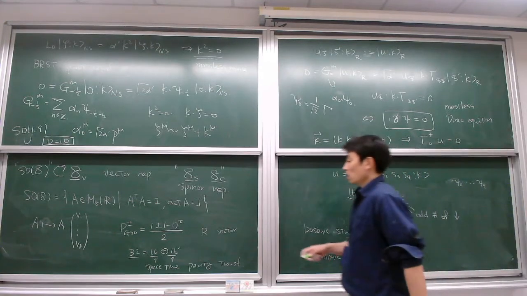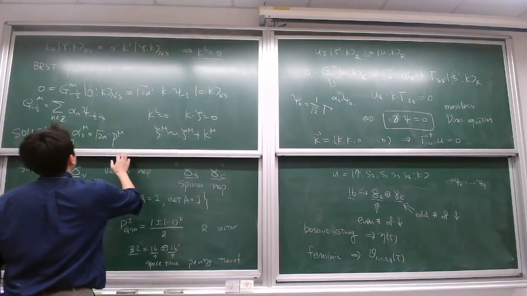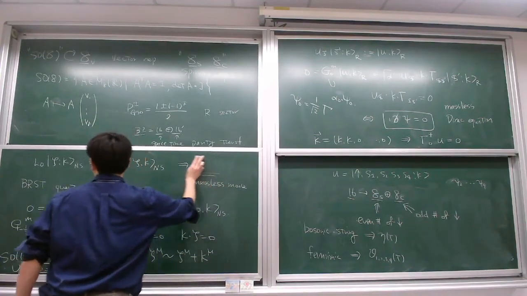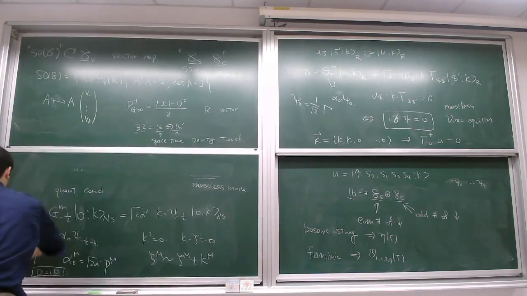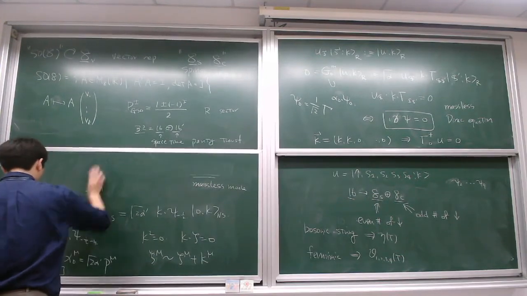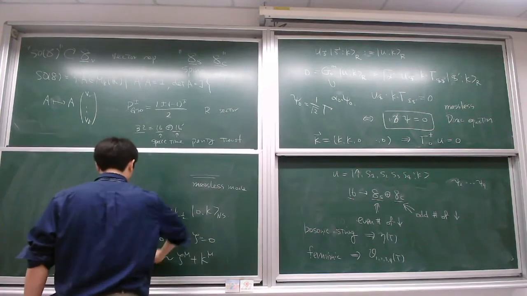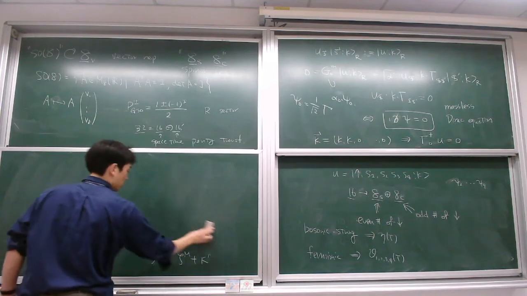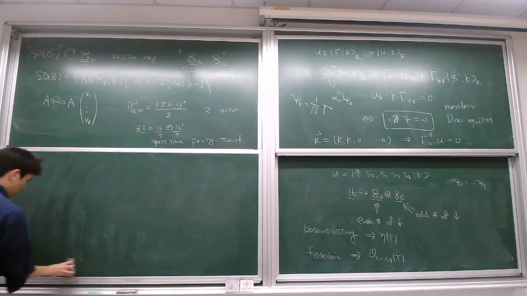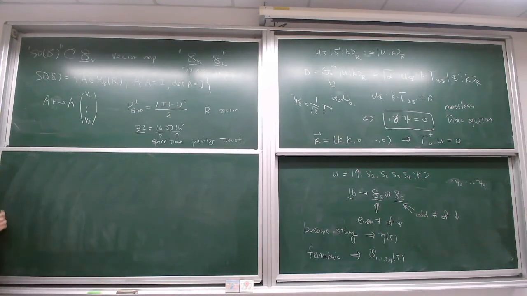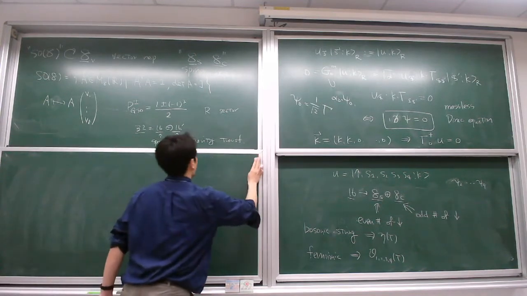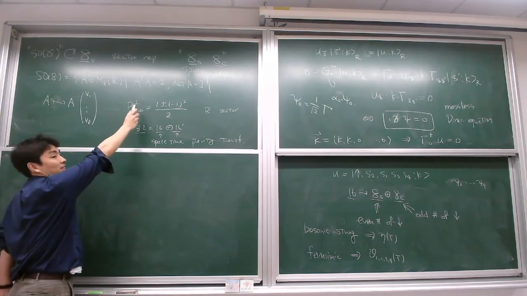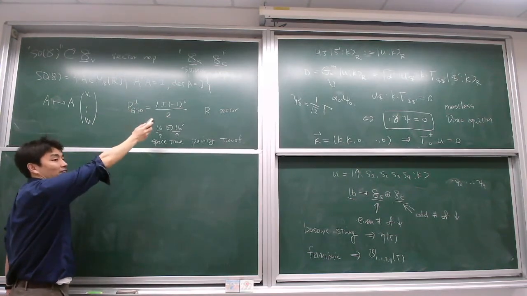Okay, let's take a look at it. The choice of this plus or minus sign will give you type IIA or type IIB.